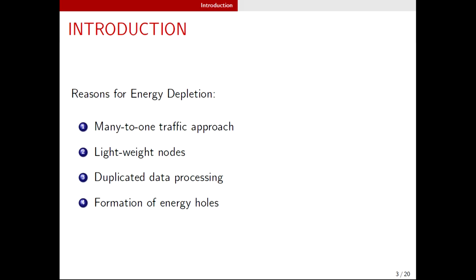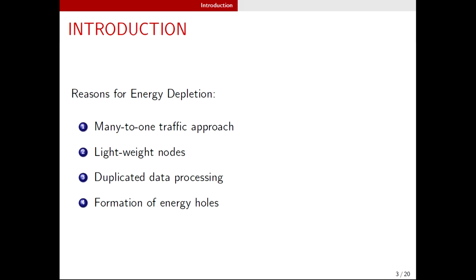The earlier speaker who has worked on sensor networks gave a brief overview of the applications, its typical network, how it works, etc. So here I'll start with the issue of energy conservation and energy depletion.